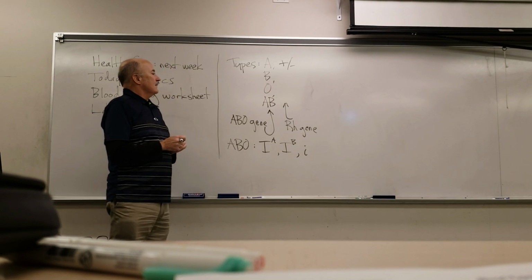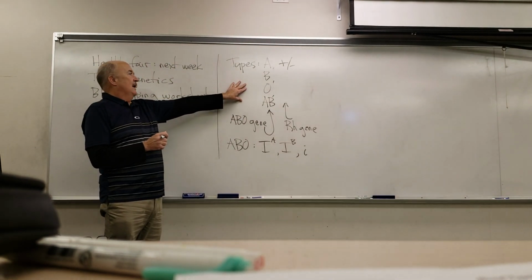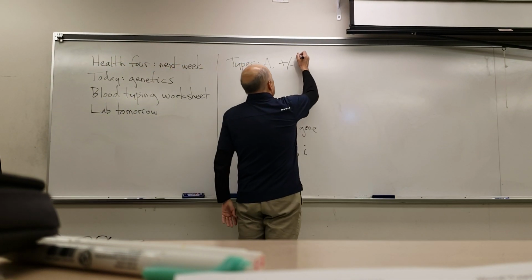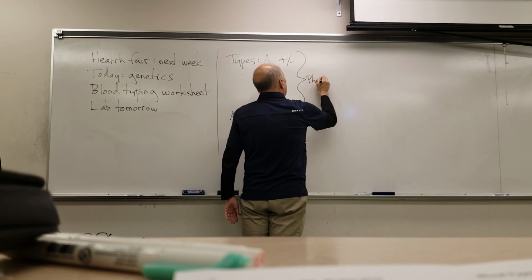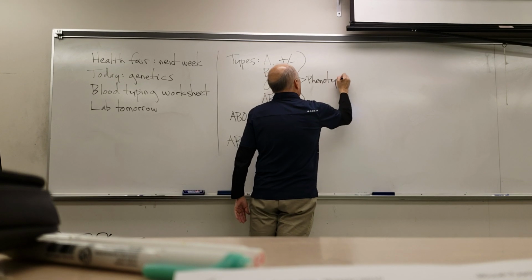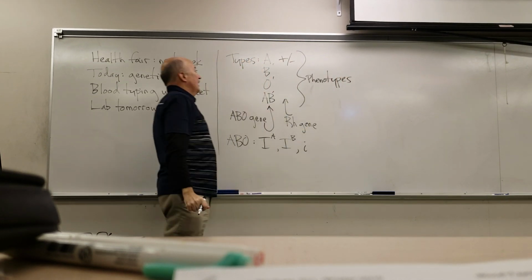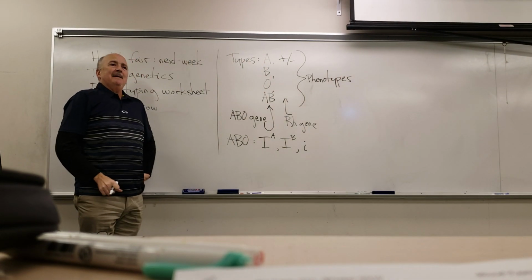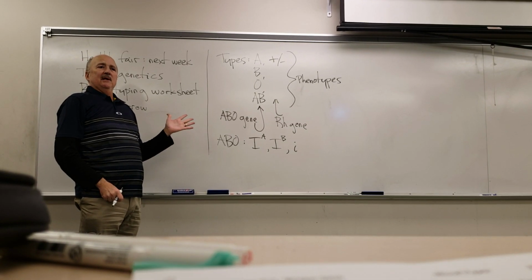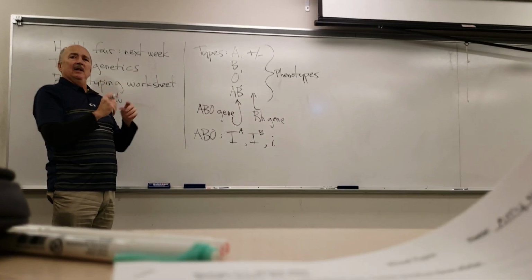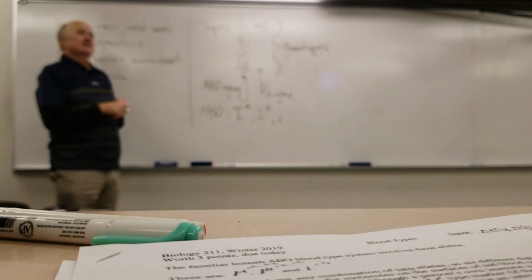So, what's going on here? All of these are the phenotypes. If we're talking about somebody being type A negative, that's a phenotype. It's basically looking at how the blood responds if you challenge it with different antibodies.